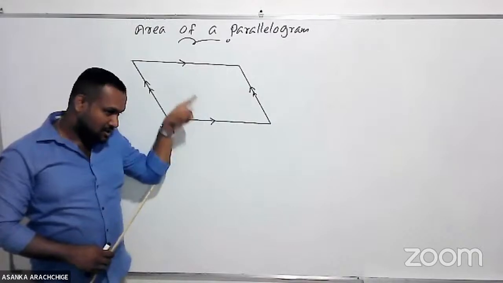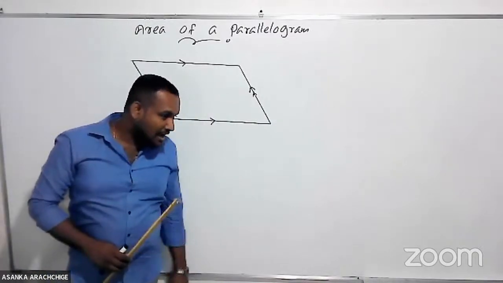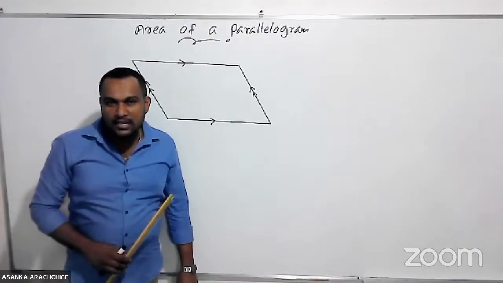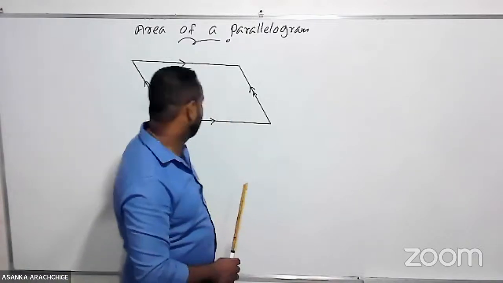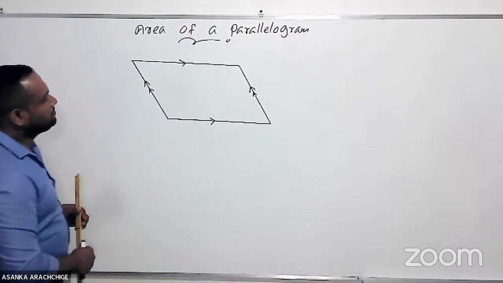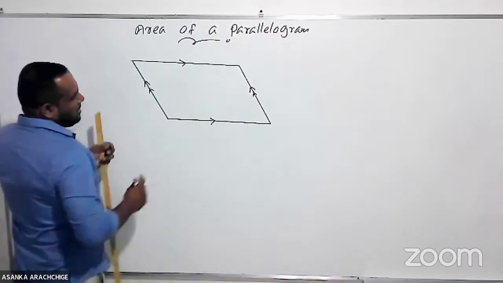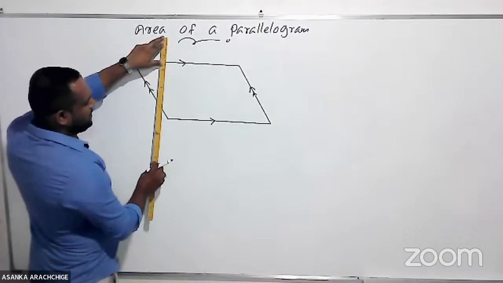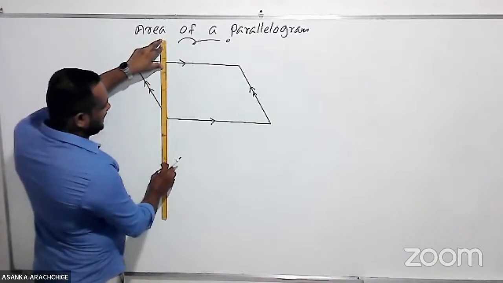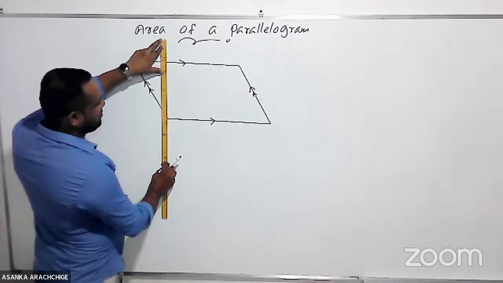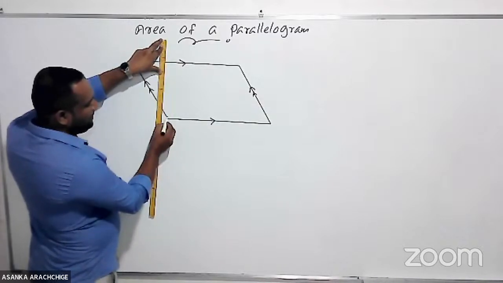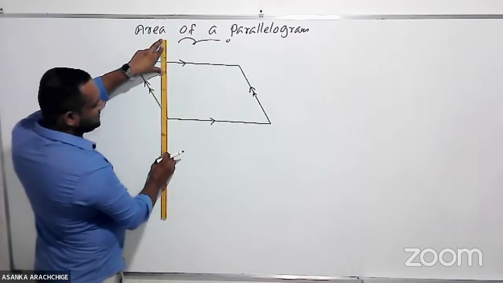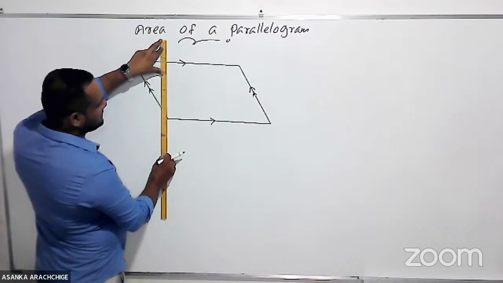Therefore, the opposite sides are parallel as well as equal, right? So, I am going to explain one of the methods to build up a formula for the area of a parallelogram. Now I am going to draw a perpendicular from this vertex to the opposite side like this.